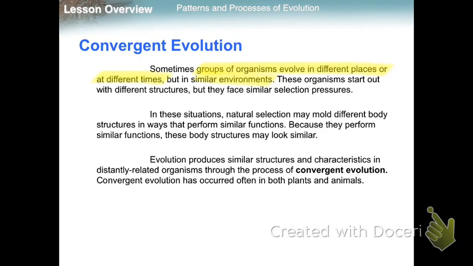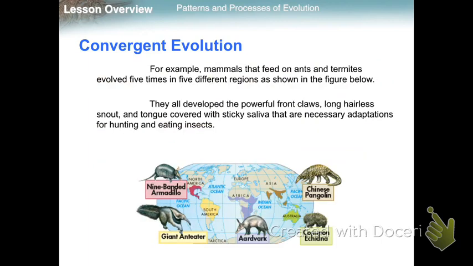They start out with different structures, but there are similar selection pressures that natural selection will mold different body structures in ways that perform similar functions. So they might end up looking similar. Distantly related organisms can produce similar structures and characteristics. This can happen in plants and animals, convergent evolution.